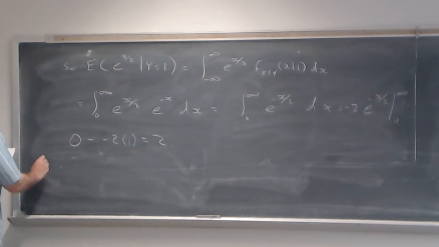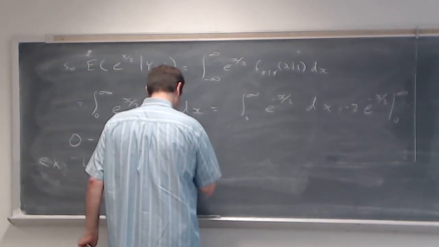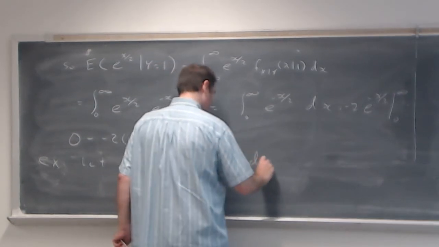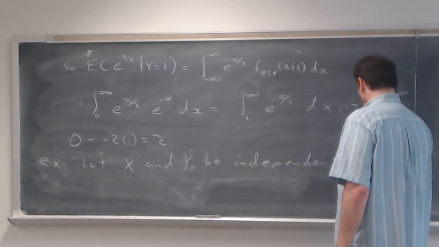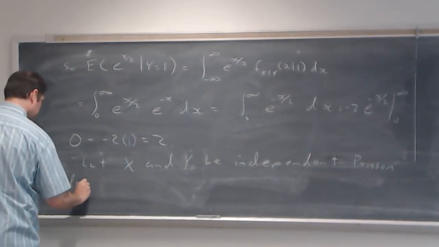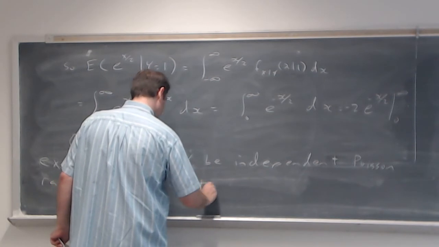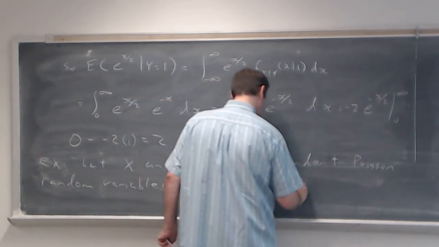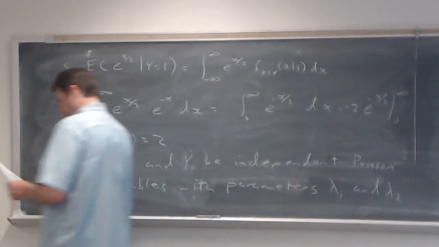Okay, here's another example. So we let x and y be independent Poisson random variables with parameters lambda sub 1 and lambda sub 2, those are their means.